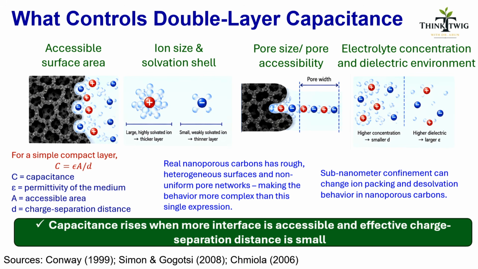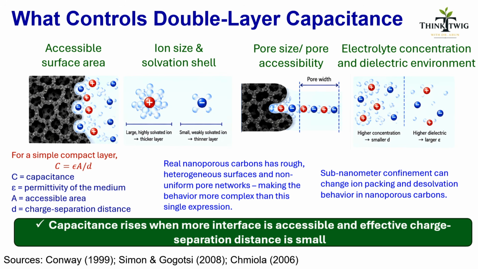The third factor is pore size and pore accessibility. Nanoporous carbon contains very small pores, and some pores may be easily accessible to the ions, others may be too narrow or poorly connected. If the ions cannot enter a pore, the internal surface of that pore cannot contribute effectively to the charge storage. Electrolyte concentration and dielectric environment also influence ion distribution and charge separation. The situation becomes even more complex in sub-nanometer pores.